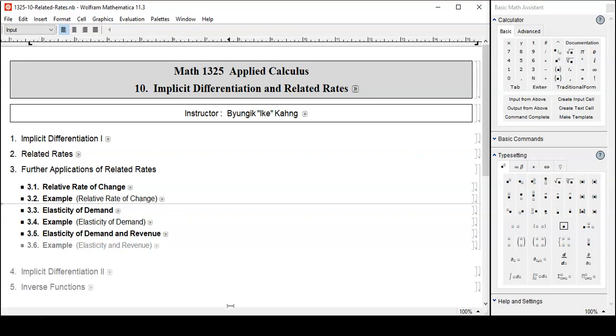If you're not going into business, finance, or economics, and you're majoring in, say, life science or health science, in that case, you may want to skip these. But still, the first 1/3 is for everybody. So let's begin.